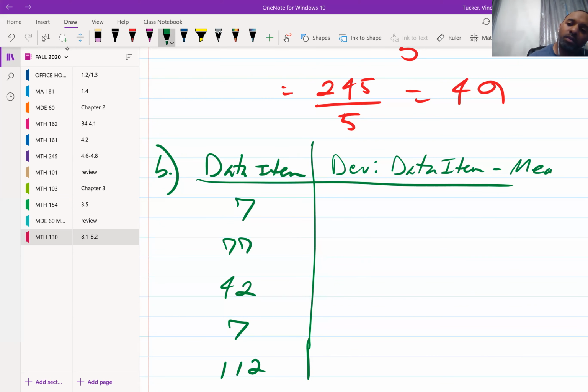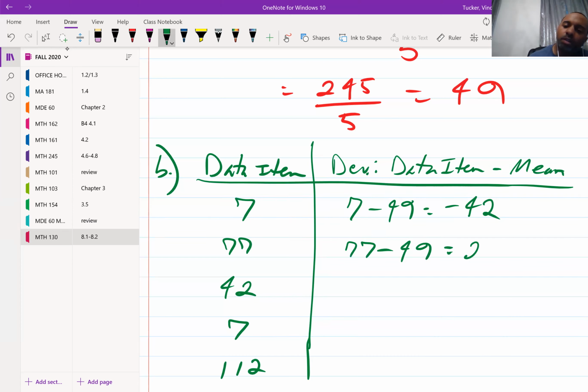All right, so you want to calculate the deviation of each item, you're going to take the data item and subtract the mean from it. So this would be 7 minus 49, negative 42, minus 49. That's going to be 28. 42 minus 49, negative 7.